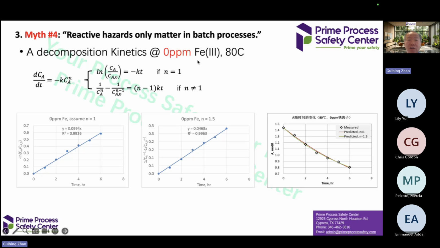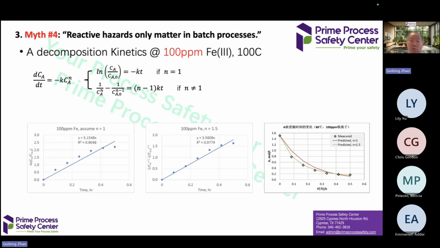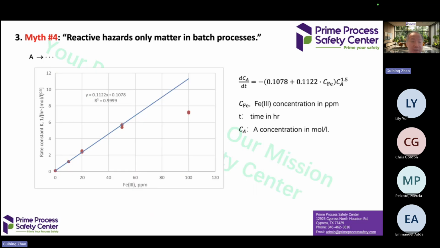For example, how ion concentration will impact the reaction kinetics. We did 0 ppm ion, 10 ppm, 20 ppm, 50 ppm, and 100 ppm. Finally, we got a curve like this. You see the reaction rate constant, how it changes with ion concentration.